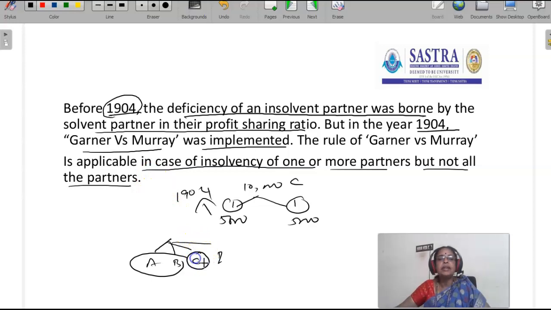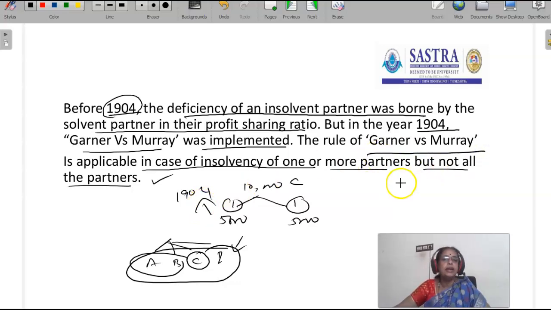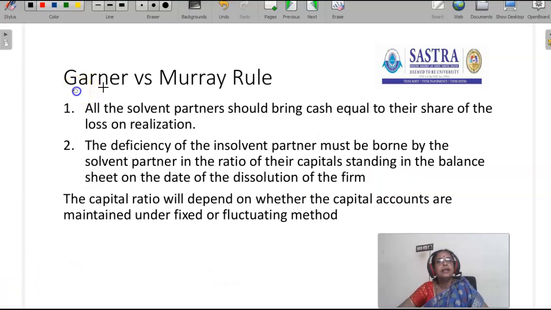If 3 partners become insolvent, it is also possible to apply it. If all the partners become insolvent, then it is not possible to apply the Gardner versus Murray rule. Let's see what the Gardner versus Murray rule is.